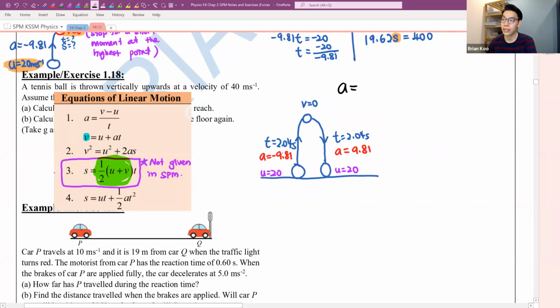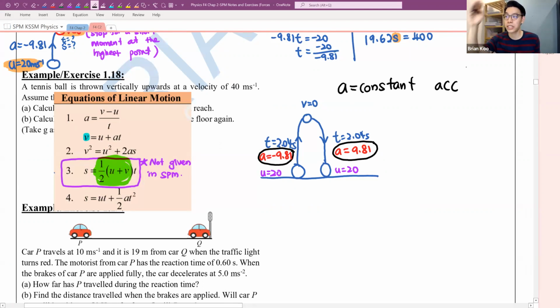So you must know that when the stone goes up, the acceleration is this value, and when the ball comes down, the acceleration is this value. They are different. The magnitude is the same, but the plus minus is different. So at the end of the day, they are different, because A must be constant acceleration. If you have different sections of this journey of the ball that have different acceleration, you cannot treat it as one question, you must split it up.